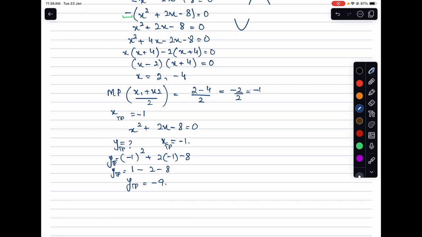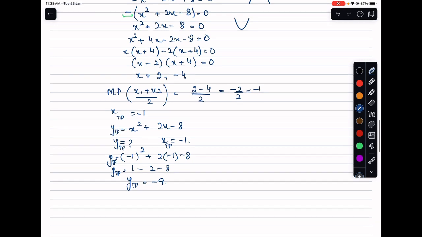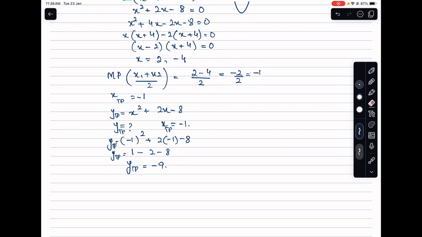I can say that this equation was y, because we are finding the turning point coordinate of y. It's y, which is equal to x squared plus 2x minus 8. So to get the y turning point coordinate, just substitute x as negative 1 and I'm getting negative 9. So the turning point coordinates that we have here are negative 1 and negative 9.